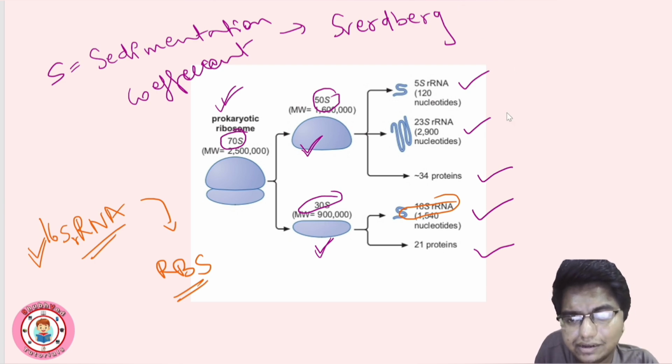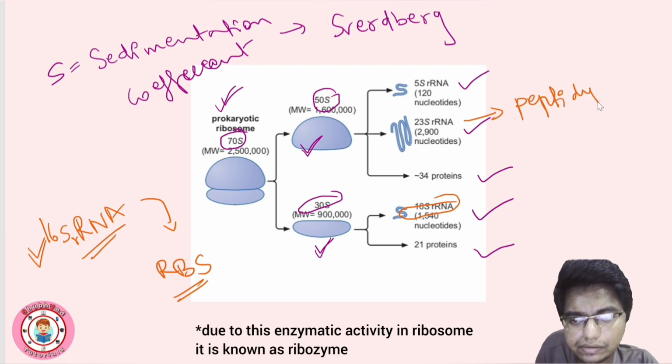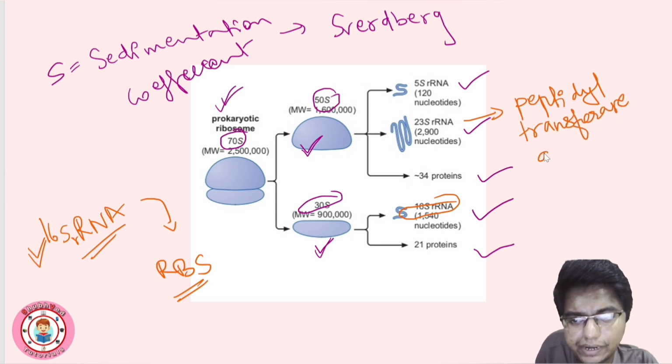And the next thing is the 23S rRNA is having the activity known as peptidyl transferase activity, present on the large subunit.